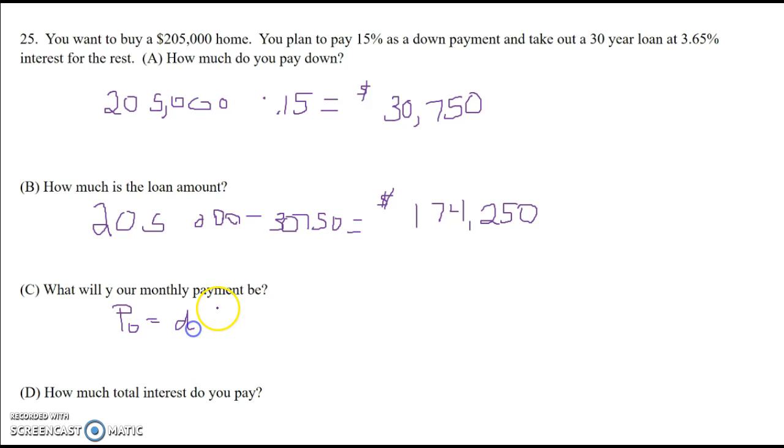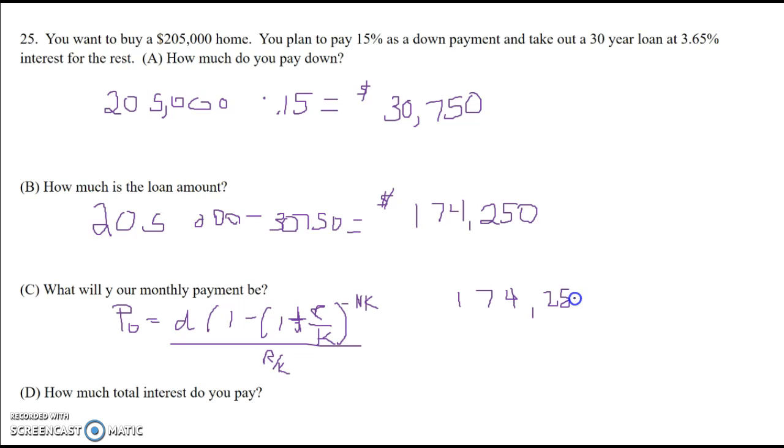So P of 0 is equal to D times 1 minus 1 plus R over K, all raised to the negative nk power, and all of that over R over K. So I've got 174,250 is equal to D times 1 minus 1 plus 0.0365.